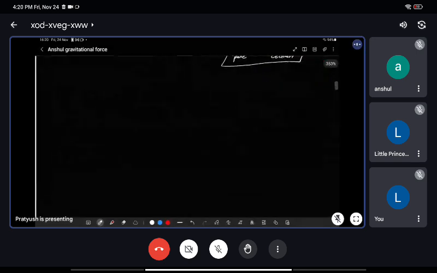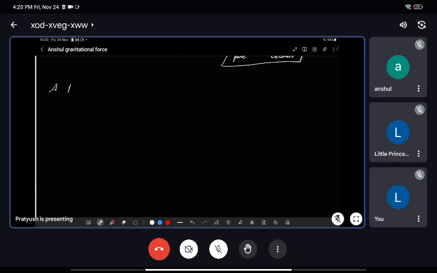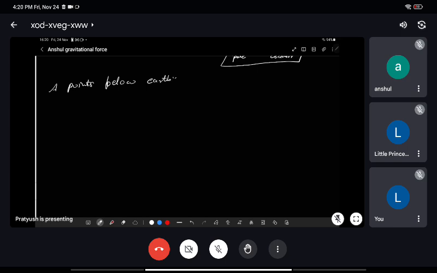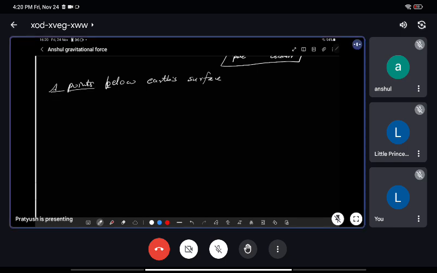Okay. So at points above Earth's surface we have seen. Now at points below the Earth's surface, how to calculate small g?